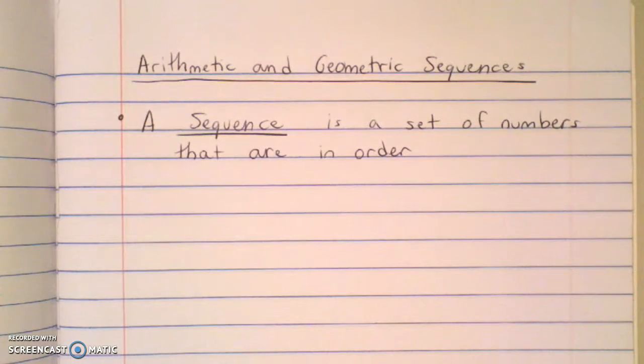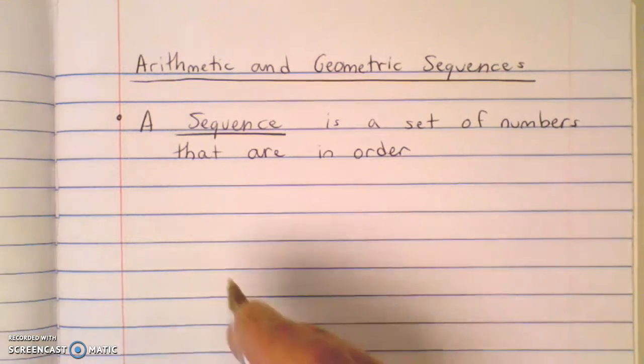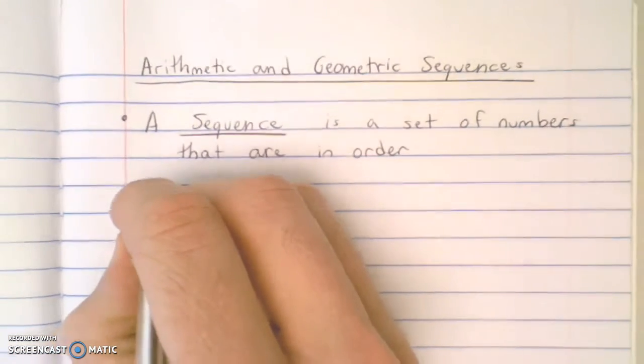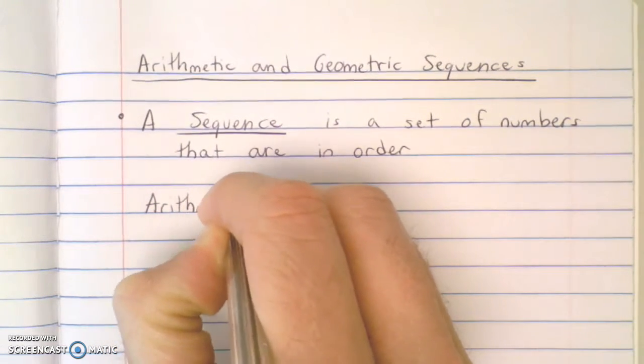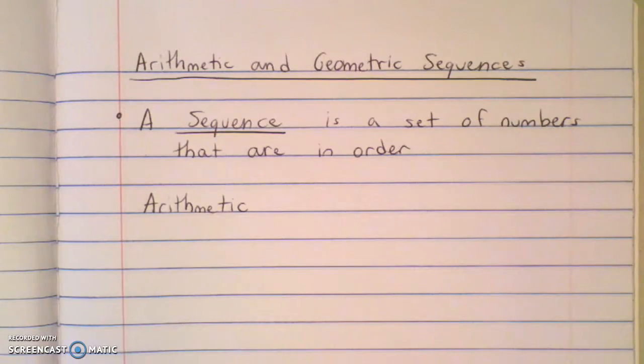So when we talk about a sequence, we're just talking about things that are normally placed in order. There are two types of sequences that we'll study. There's arithmetic and then geometric.